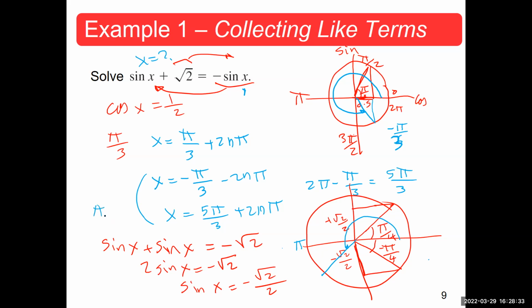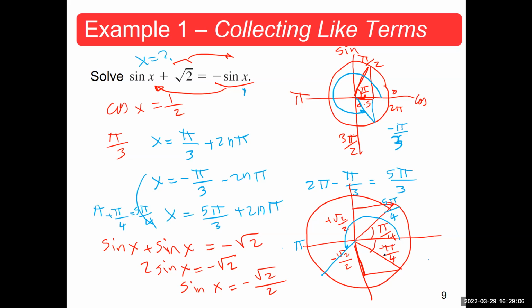Pi plus pi over 4, that's 4 over 4 plus 1 over 4, that's 5 pi over 4. So this angle is 5 pi over 4.